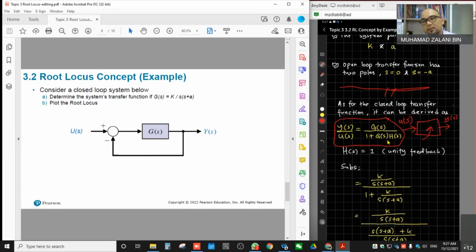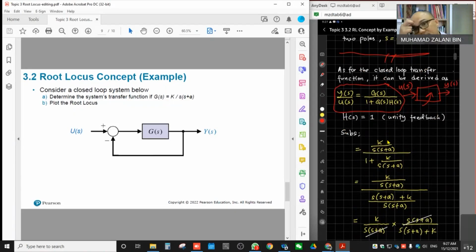We have learned this and actually done the proof: if we take the ratio, the transfer function of Y(s) to U(s), we get the closed loop block diagram where what is inside the block is G(s) over 1 plus G(s)H(s).